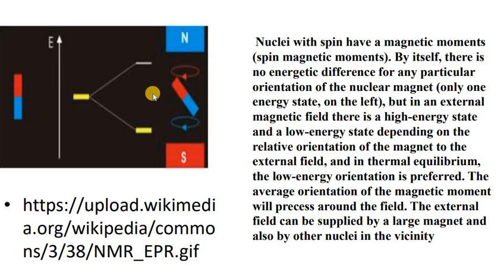Here, on the lower side it spins like this, and on the upper side it spins like this. It rotates, and its rotation is preferable in the lower energy state. That is, north will remain towards south most of the time, and it will have the lower energy state.